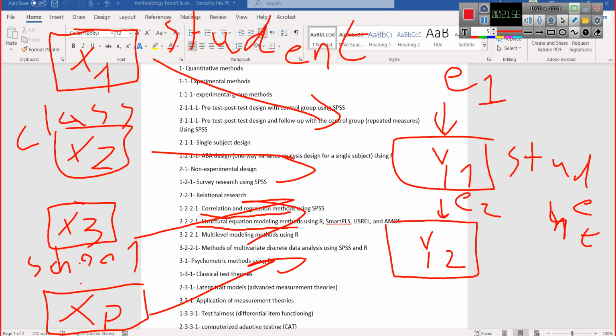So besides the multi-level regression models, you may have variations for the multivariate versions of this model.